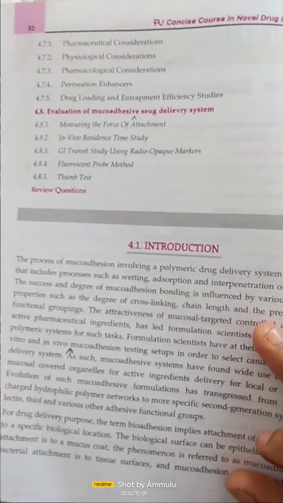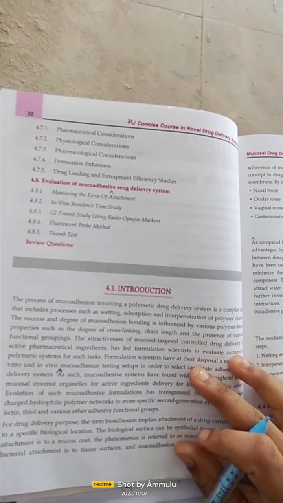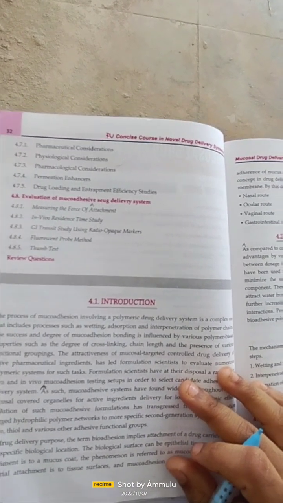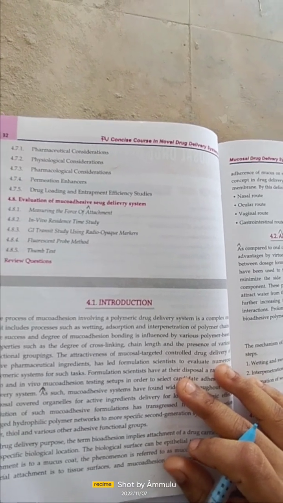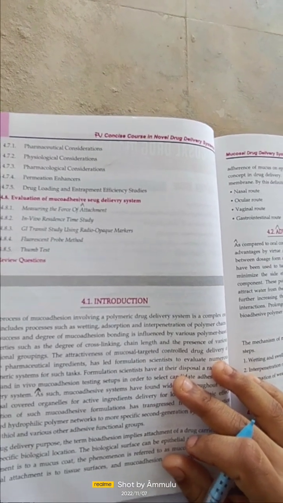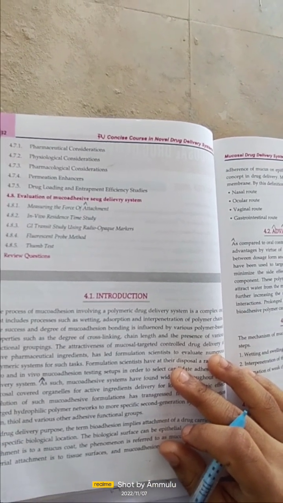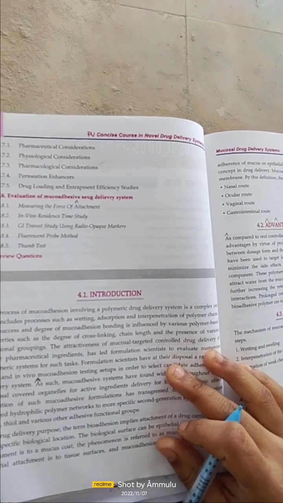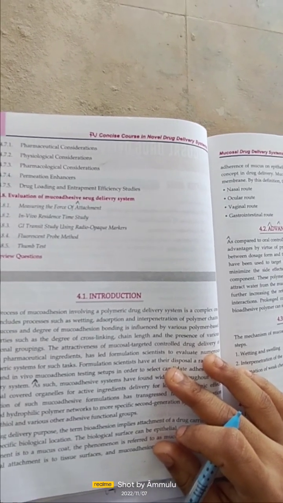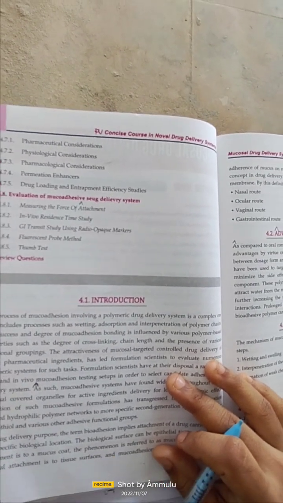While it comes to the introduction, the process of mucoadhesion involving a polymeric drug delivery system is a complex one that includes processes such as wetting, absorption, and interpenetration of the polymer chains. The success and degree of mucoadhesion bonding is influenced by the various polymers based on their properties like cross-linking, chain length, and presence of functional groups.